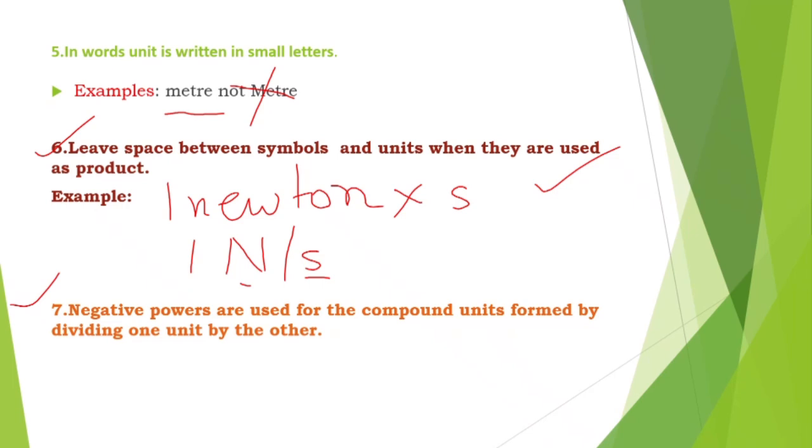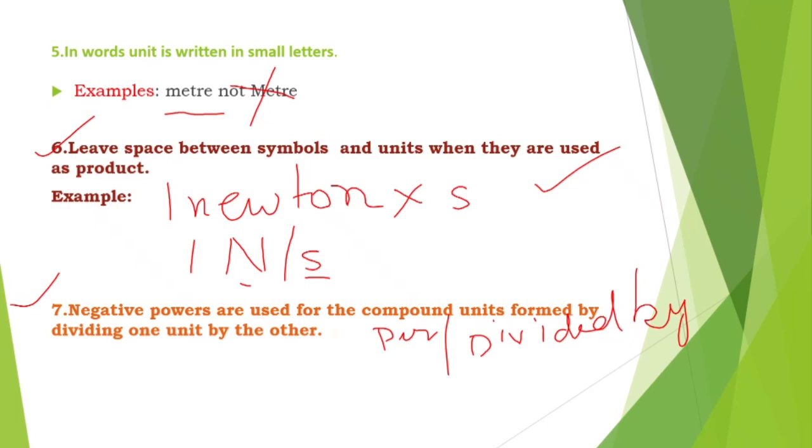Now come to the next. Negative powers are used for compound units formed by dividing one unit by the other. Negative power means per, P-E-R, or divided by. But how? Have you heard of meter per second?